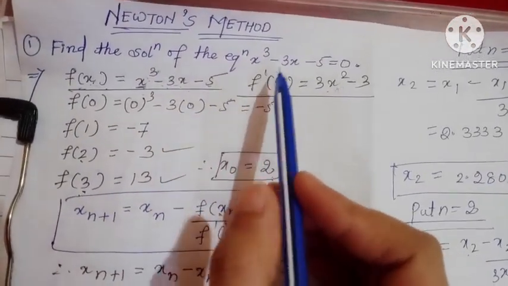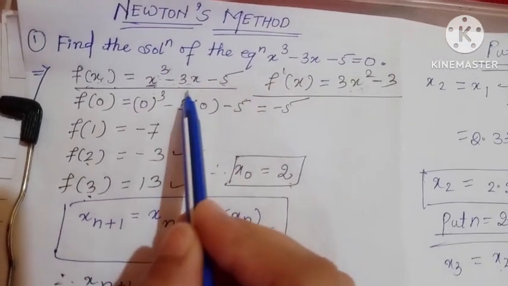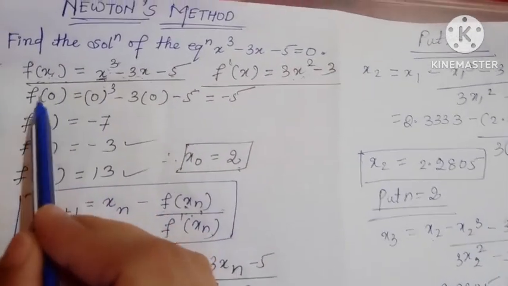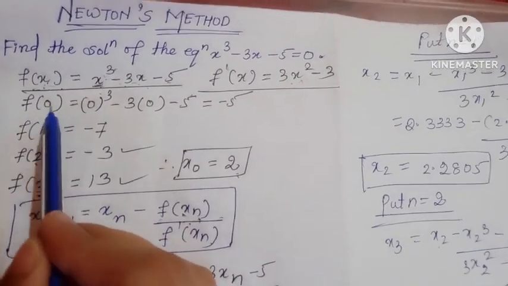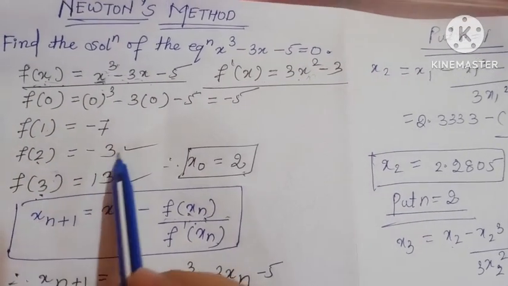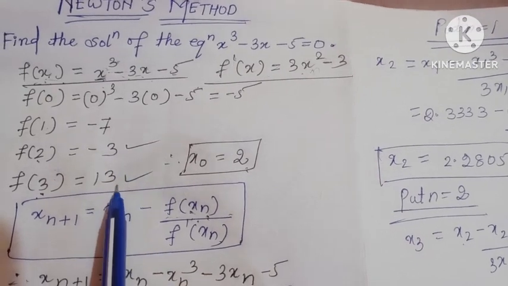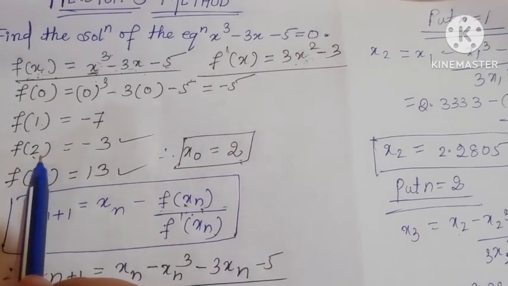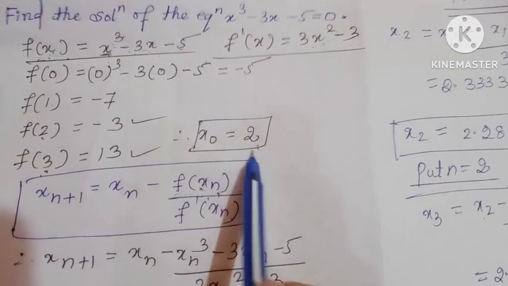First of all, see here f(x) given. You have to find f dash x. Or in the f(x), in the place of x, you will substitute 0, 1, 2, 3. Because we want one negative value and one positive value. So x0 will be, you can take either 2 or 3. So I have taken 2.